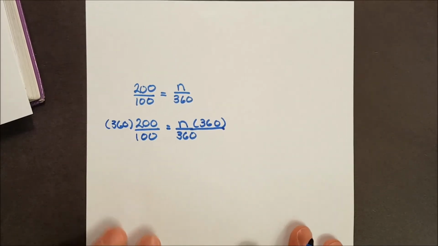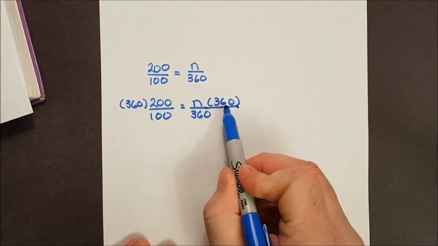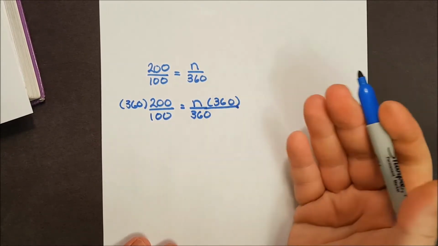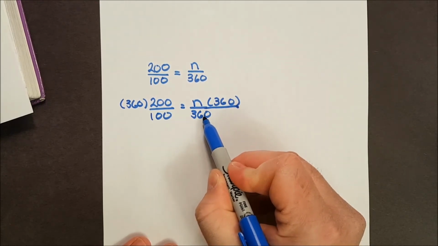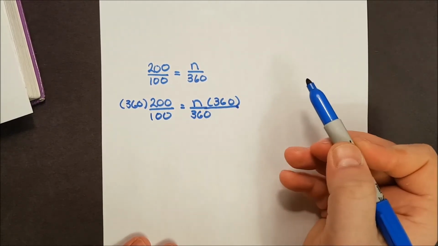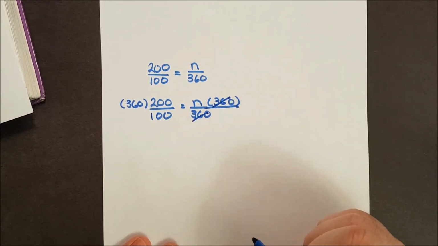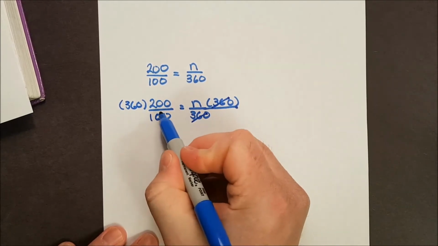I just wanted to remind everyone that when we multiplied each side by 360, I said these cancel. These cancel because 360 divided by 360 is 1. Any number divided by itself is 1. So that's what I meant when I said these numbers cancel. As well, we can simplify here quite quickly.